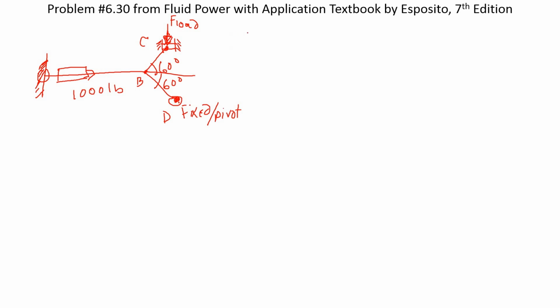Under this condition, the easiest way to find forces, whenever you have all the angles known, so we know this angle is 120 degrees, and this angle is also 120 degrees because this one is 120, so that makes 360. When you have all these angles available, the easiest way to find forces, if one is known, is to apply the sine law.